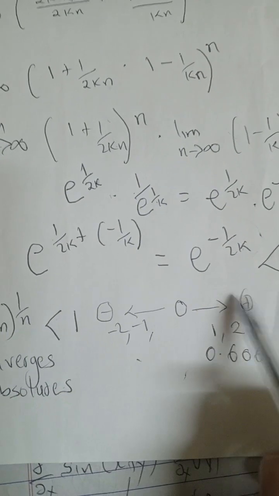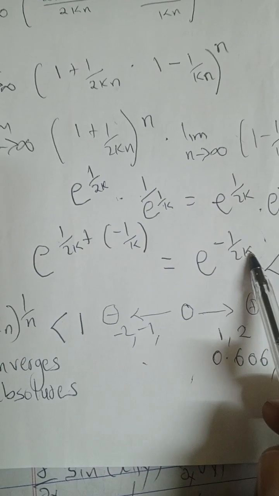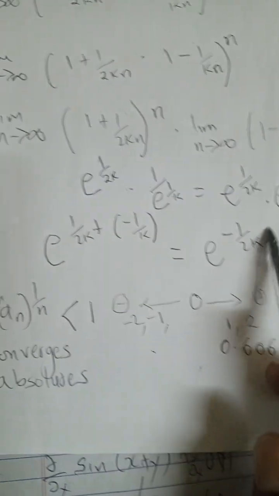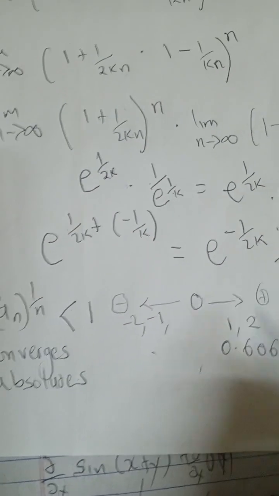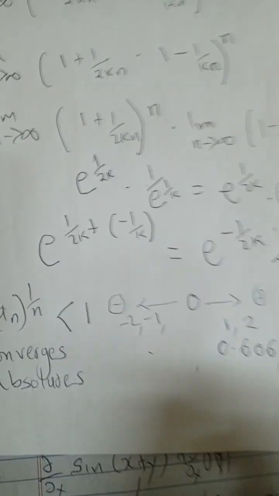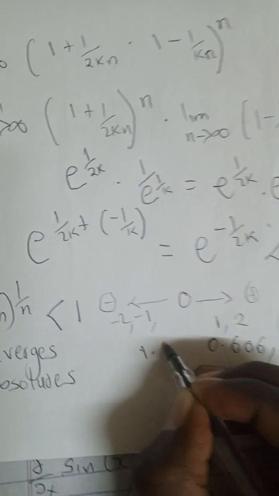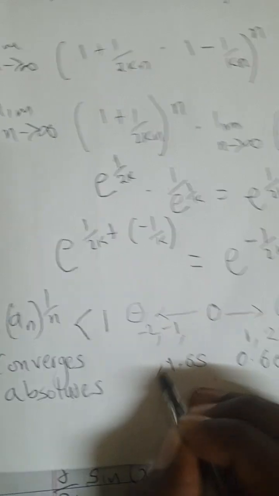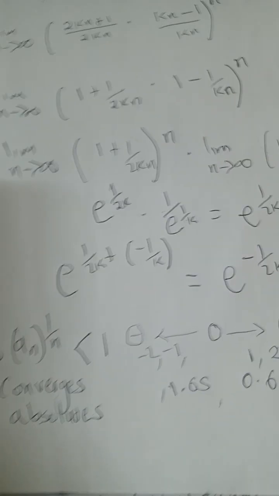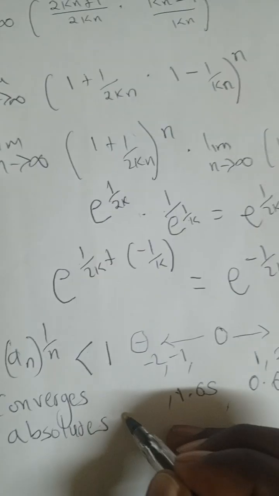So e to the power 1 over 2 is giving me 1.65. If I plug in -2, I'm going to get 1/4 positive. So e raised to 1/4 is giving me 1.28.